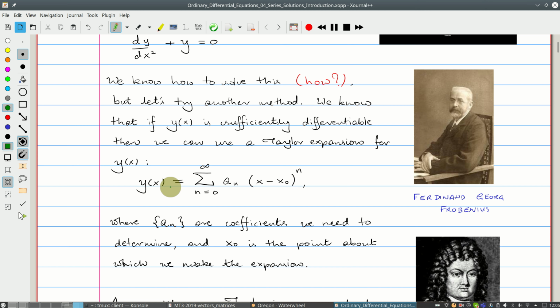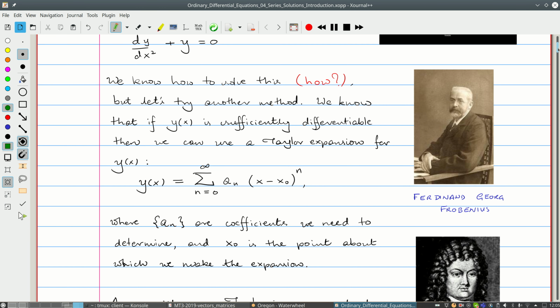So y as a function of x is the sum from n equals 0 to infinity of a_n, these are coefficients we need to find out, times (x minus x naught) to the n. Now, if we knew what y was, then these coefficients would be the derivatives of y at the point x naught. But we don't know what y is, and this is what we're going to find out. Okay, so that's our ansatz.